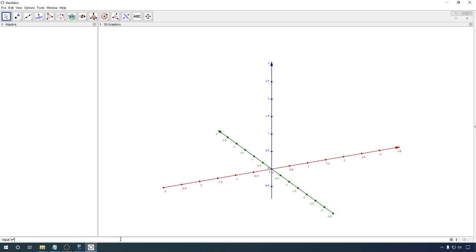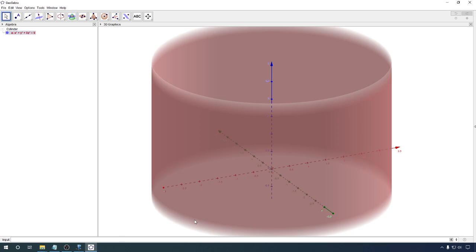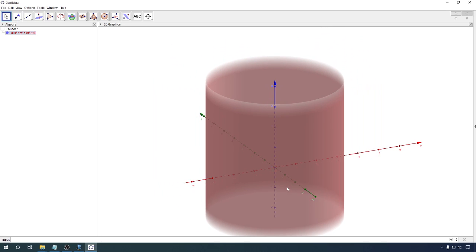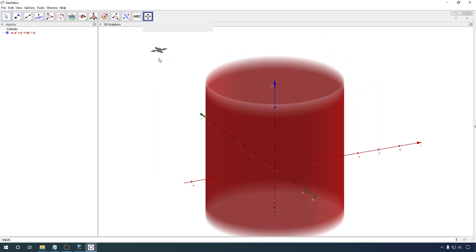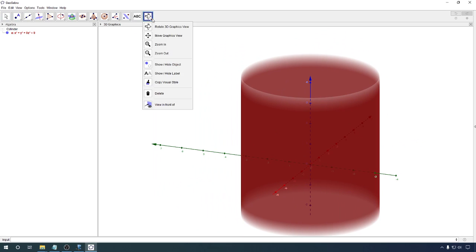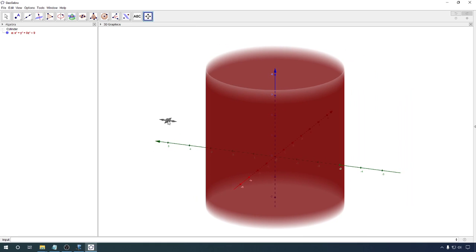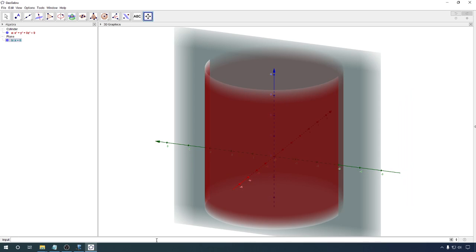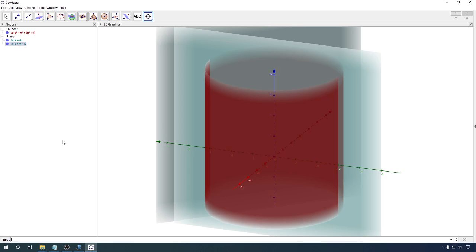So remember, we're looking at the cylinder x squared plus y squared is equal to 9. So we have this surface here. But we're not looking at the entire thing. We're going to be bounding it by x equals 0, and then also x plus y equals 5.